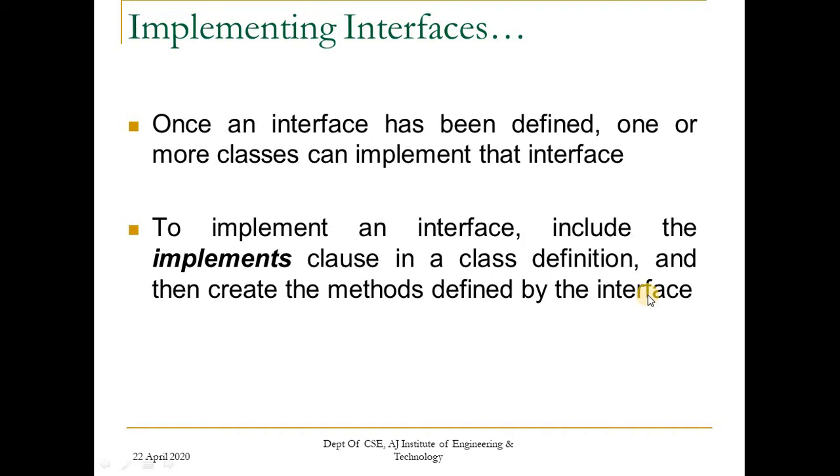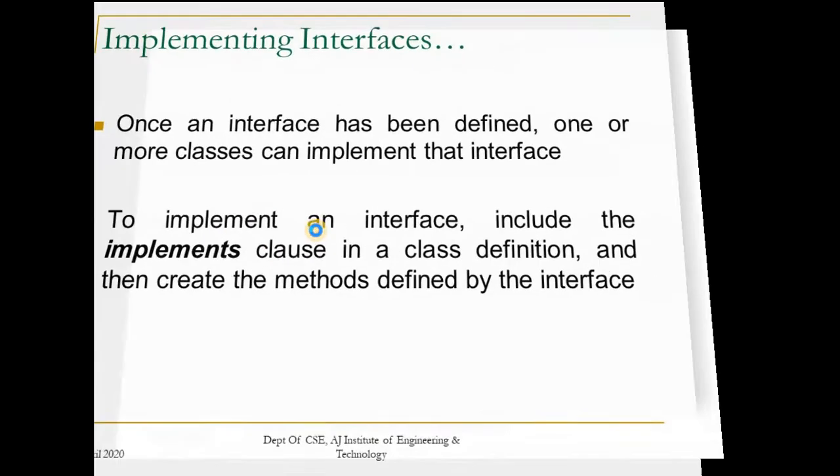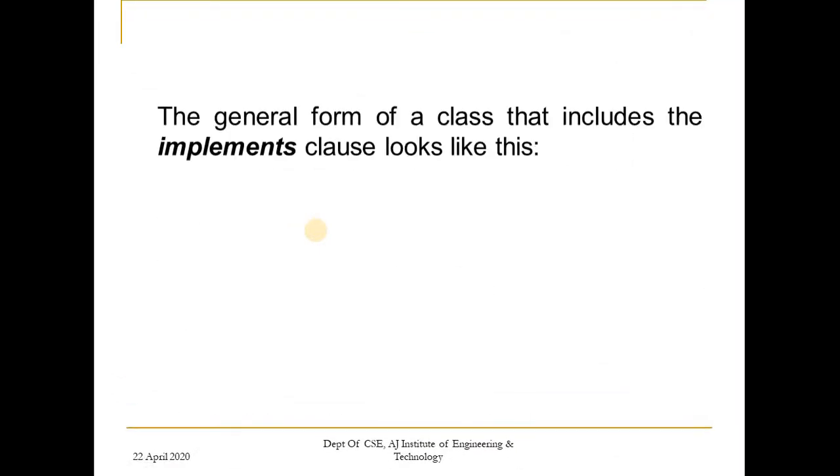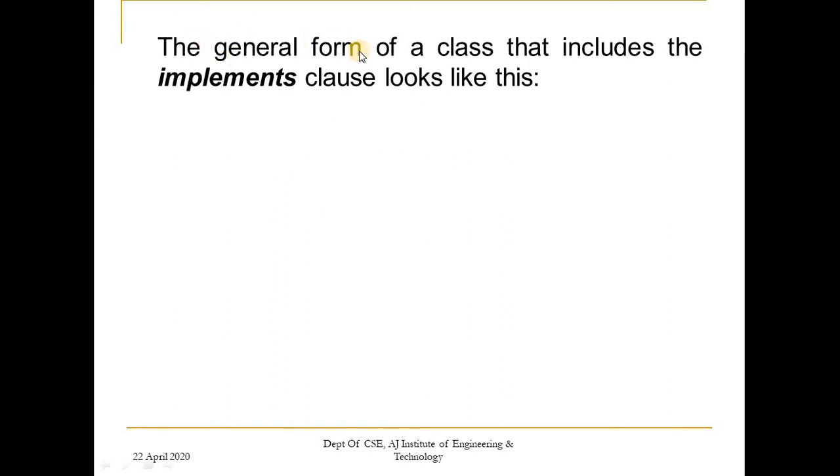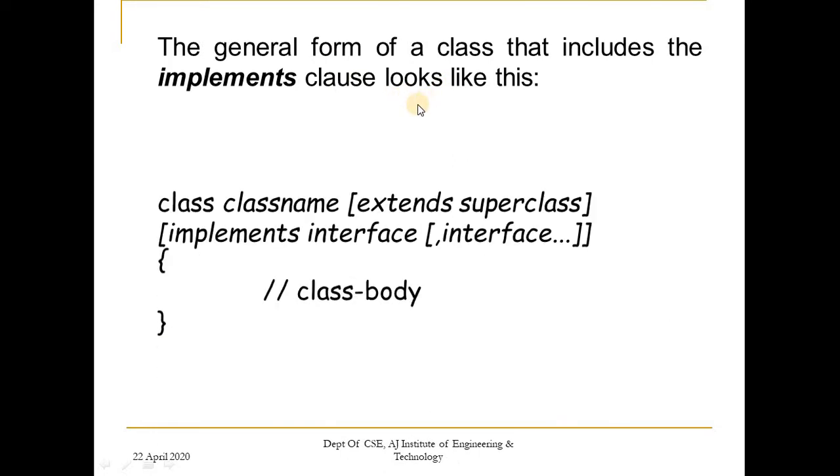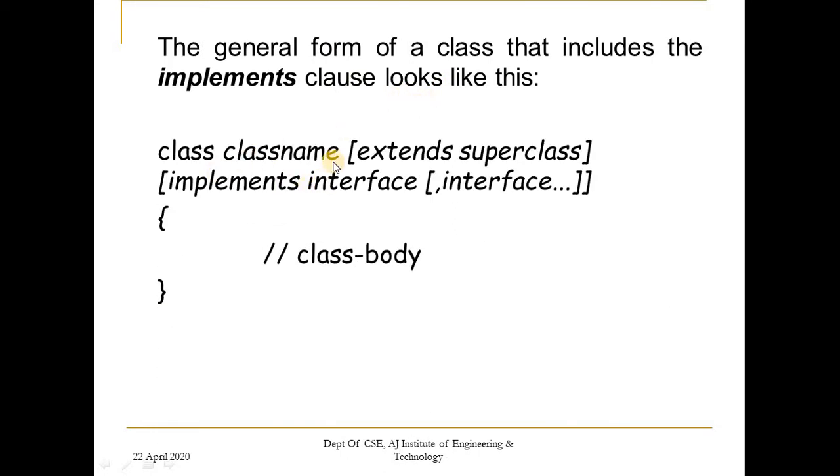So let us see how the class is going to implement the interface by using the implements clause. The general form of a class that includes the implements clause looks like this. Class, class name. If you are creating a class hierarchy and this class is a subclass, then you need to write extends superclass.